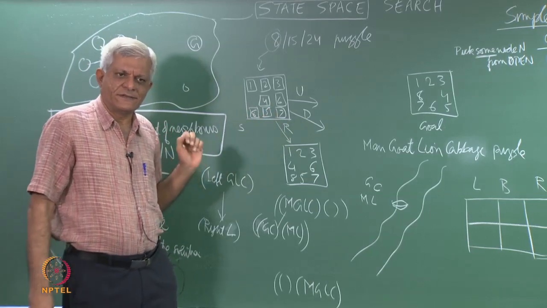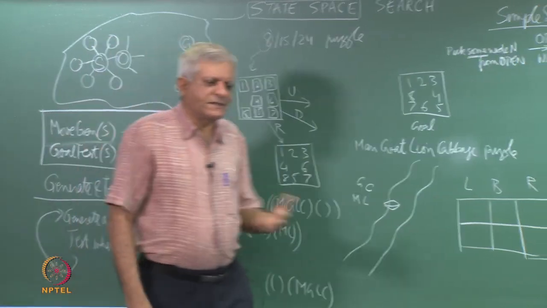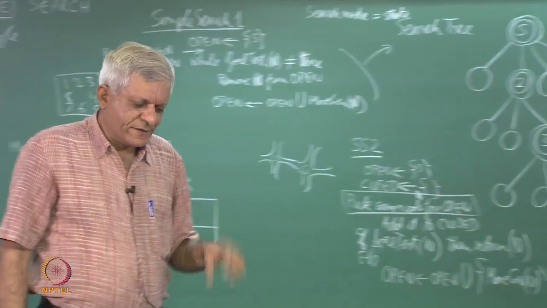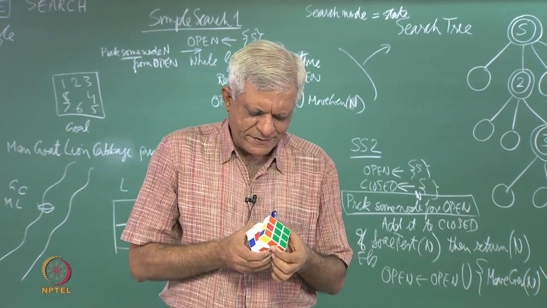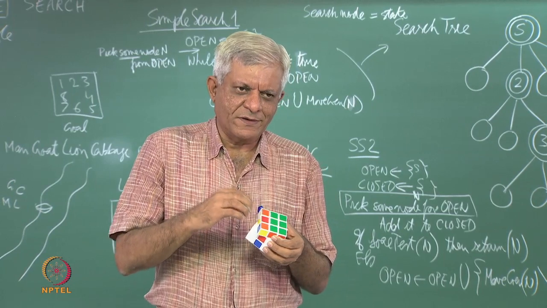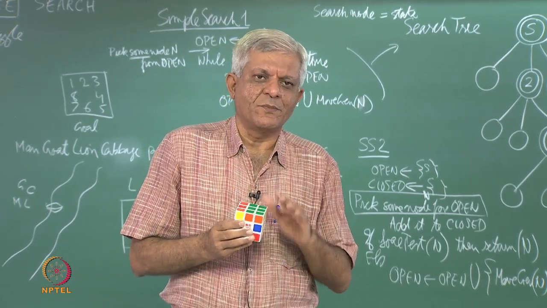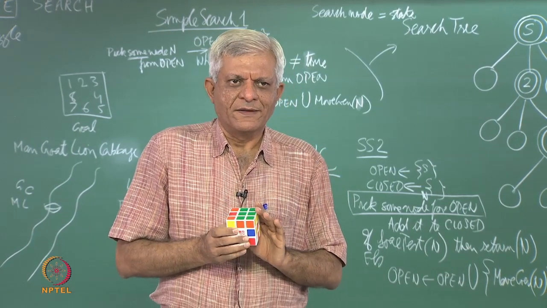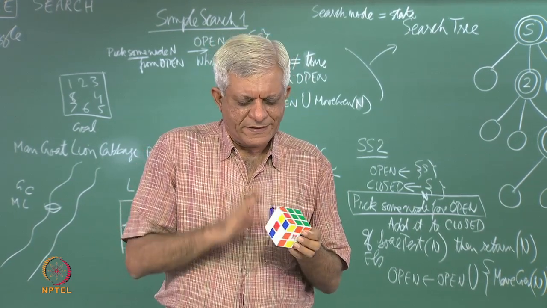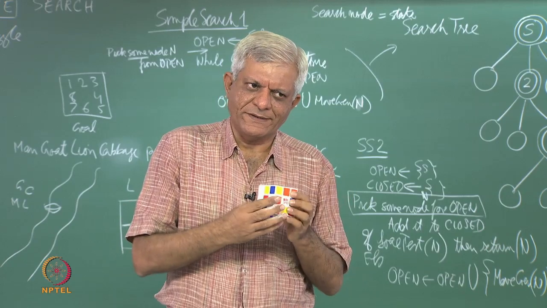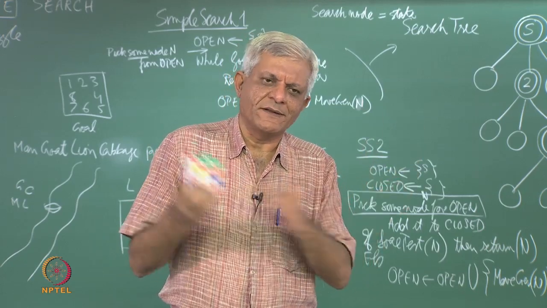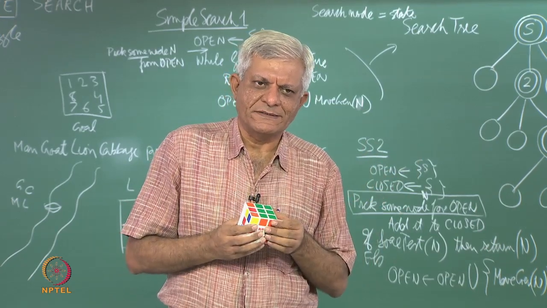They are in disjoint states, you can never get them back. Likewise, the Rubik's cube. So, this is a trick which some people know. You can take out this thing and reassemble the whole cube essentially, but the thing is you can reassemble the cube back in 12 different ways. So, it is possible that this particular set of states contains my goal state, but another set of states does not contain the goal state.